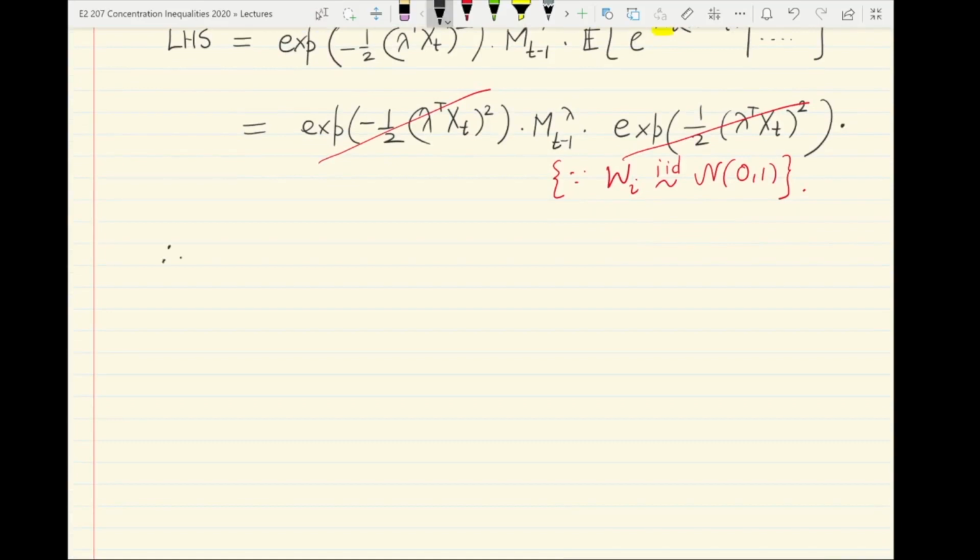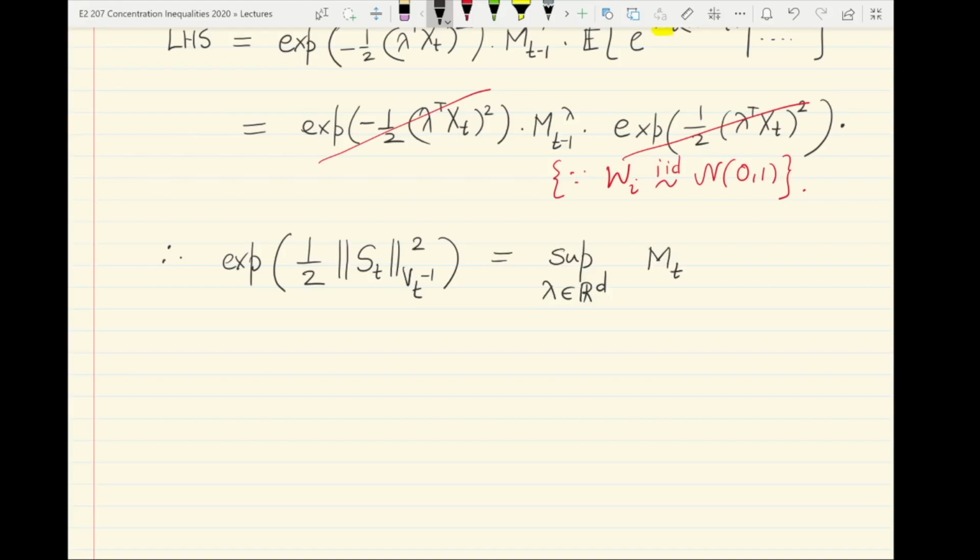So hence e raised to the quantity that we want to control, which is half ‖S_t‖ V_t inverse squared, is actually exactly equal to the supremum of a martingale at time t, of an uncountably large collection of martingales.